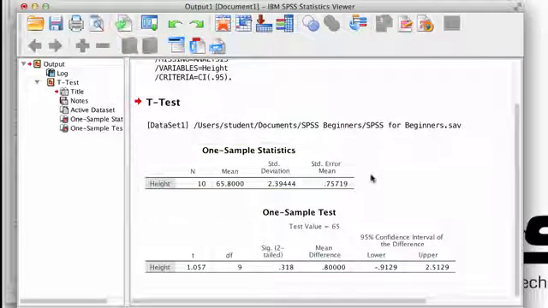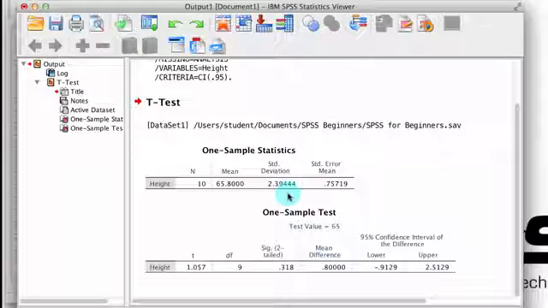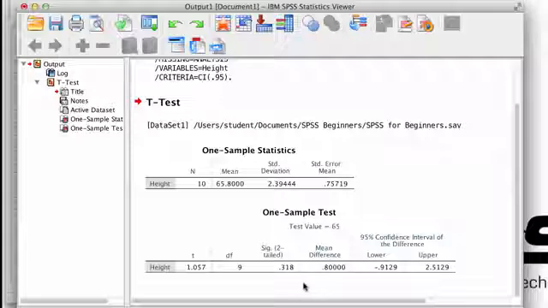The first table contains our descriptive statistics, just like we've calculated before. We see the mean, standard deviation, and something called the standard error of the mean. The second table contains our inferential statistics. And this is where we find out if the mean of our sample is significantly different from 65 or not.